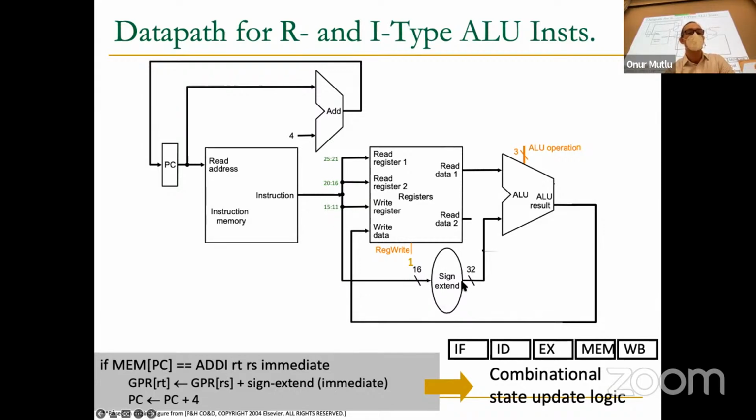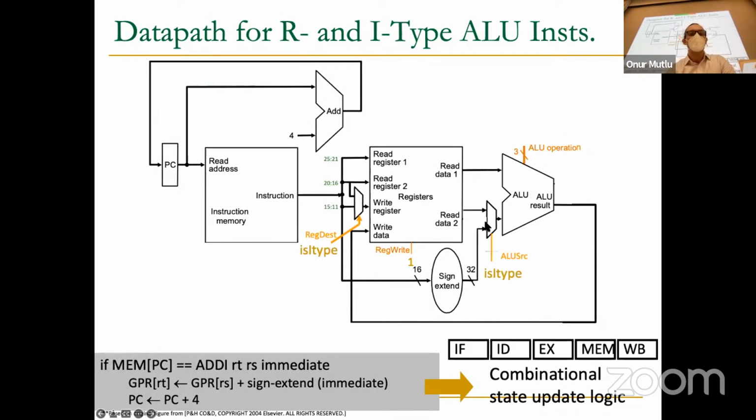You sign extend it to make it 32 bits and add it. So now the ALU needs to have another input, not the register input that we had for register to register add. We need to have an immediate input over here. So I'm going to change things a little bit. Oh, what's going on? Something is going on with my computer.